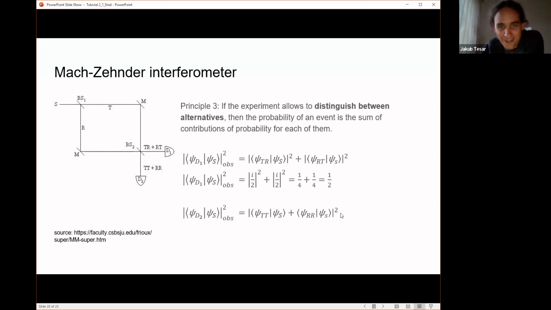Sorry, this is wrong. There should be separate squares here, but I believe, yeah, sorry, this explanation is wrong. We should first have a square of the individual amplitudes and then sum them. That's a mistake on the slide, but the next line is right.